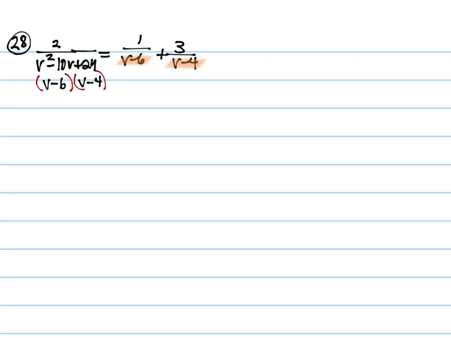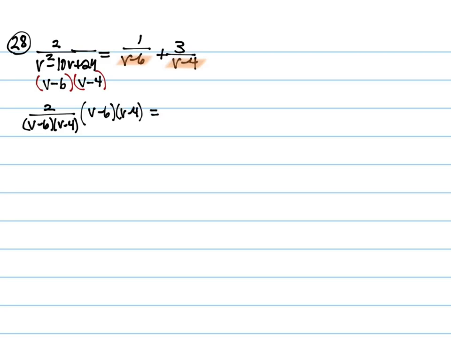So my suggestion has always been, let's eliminate fractions when we can do so. So that's what I would suggest. I would suggest that we take what we have, which looks like this, and that we multiply each of our fractions by v minus 6, v minus 4.